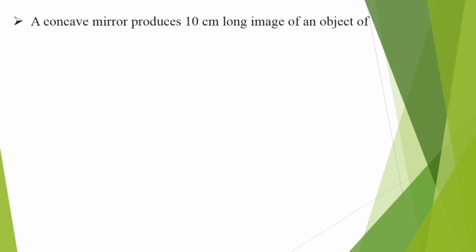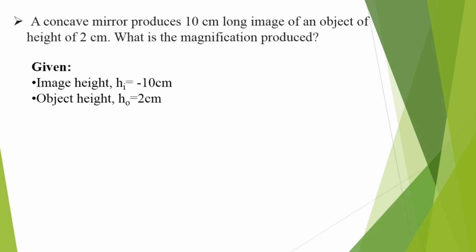Next problem. A concave mirror produces a 10 cm long image of an object of height 2 cm. What is the magnification produced? So here the image height and object height are clearly given. Image height is minus 10 cm and object height is 2 cm. So why is the image height minus here?